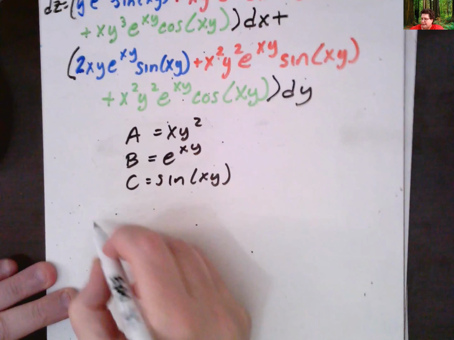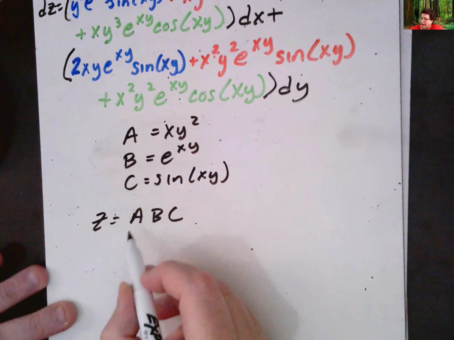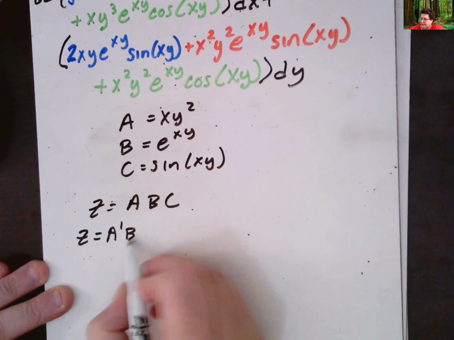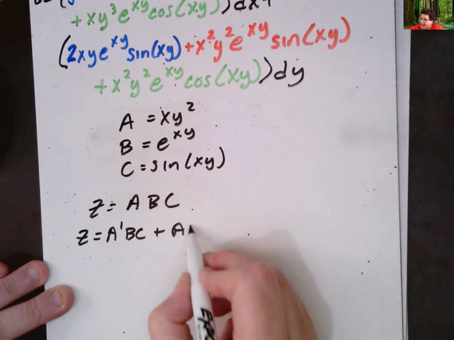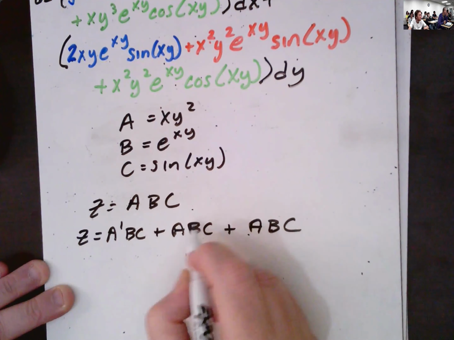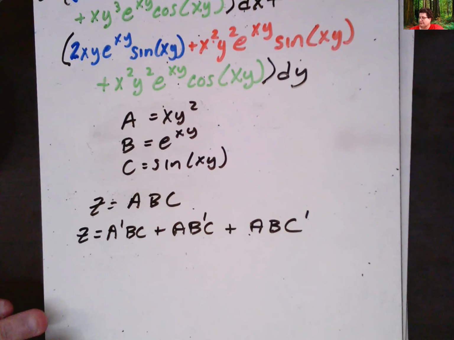Z ends up being A, B, C, the way I wrote it. So I just do this. I write the things three times, and I switch which one has the derivative on it. I just go left to right along the derivatives.